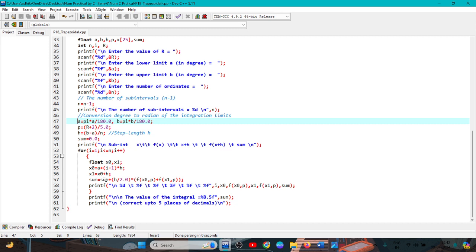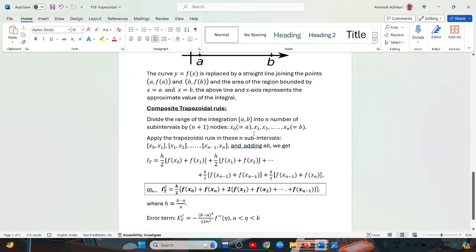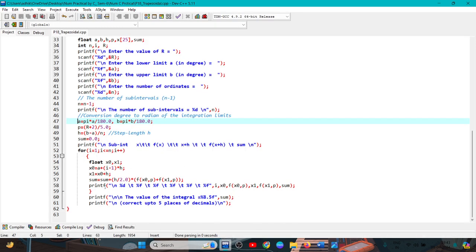This sum is added to the new sum, h by 2 into fx2 plus fx3. So the improved sum equals the previous sum plus the sum within this interval, h by 2 fx2 plus fx3. In this way we get all the sums, and we print this, and the value of the integral is correct up to 5 decimal places.